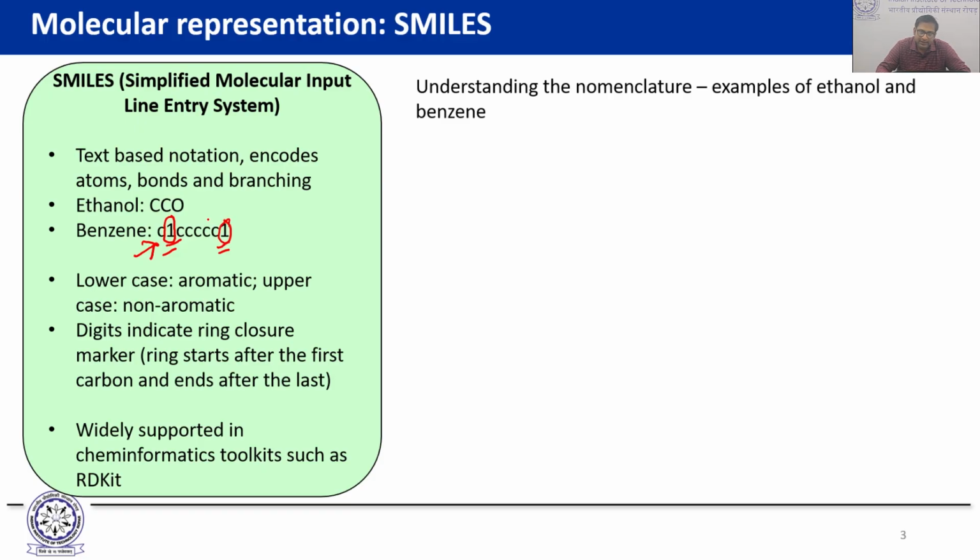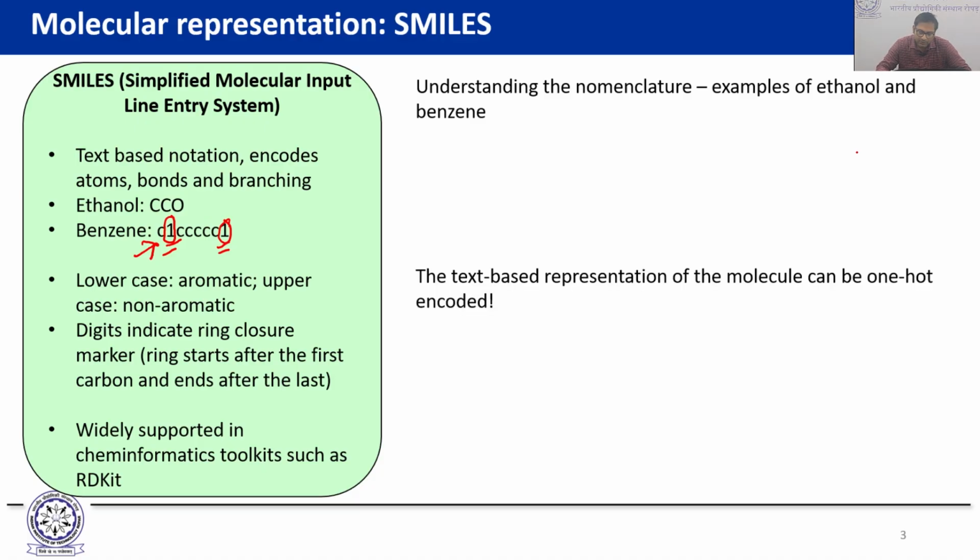So this is a type of nomenclature which is very widely supported in a lot of the cheminformatics packages that I just mentioned earlier. So things like RDKit and all, they all support this type of SMILES encoding of the molecules.